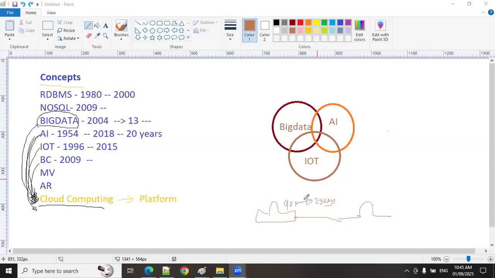Okay. So IoT generates the sensor data, that data needs to be collected by big data, then stored here. That data needs to be converted into proper text format which AI can understand. Right? It won't work if it is a picture.